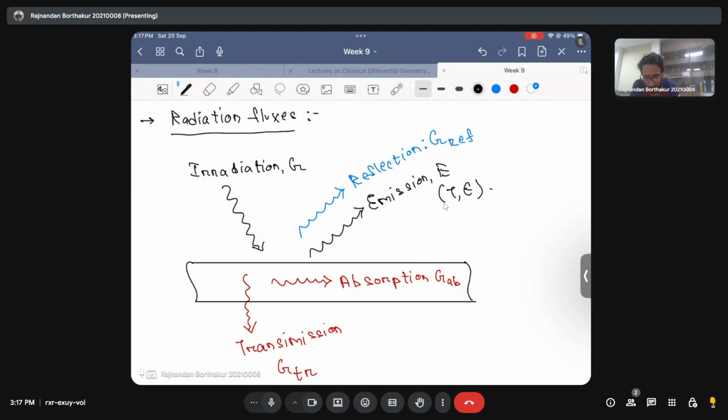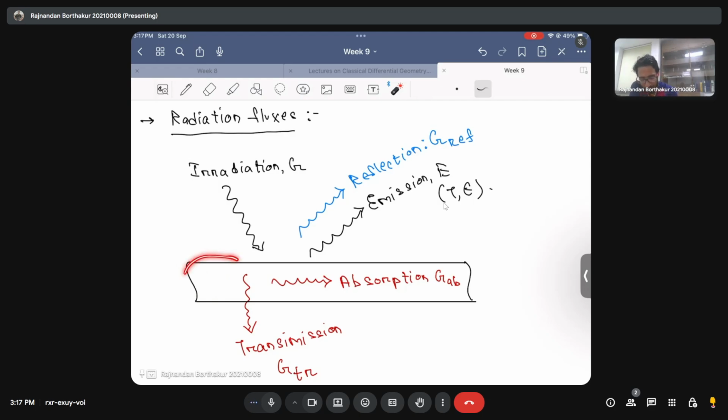In order to quantify these radiation fluxes, we will consider a surface and a solid. It may also be a liquid, but in this course we will basically stick to radiation exchange taking place from solids.